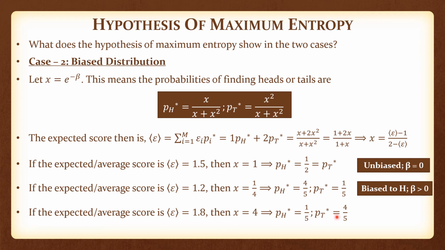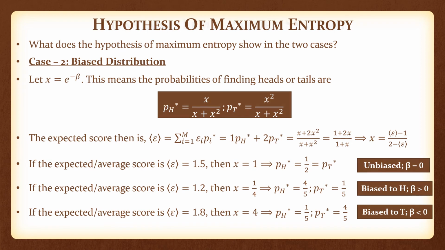Now you see that tail is more likely, biased towards tail, and this corresponds to a case of beta less than 0. Why? Because if beta is less than 0, e power that value will be positive, so I am getting a value of x that is greater than 1, which is 4.